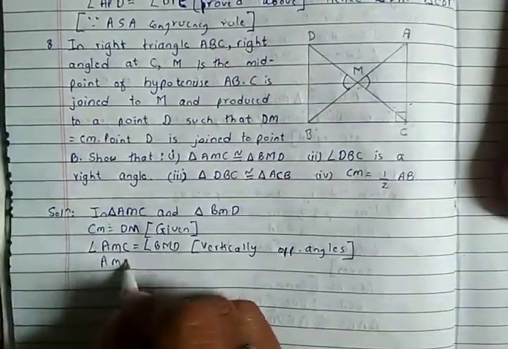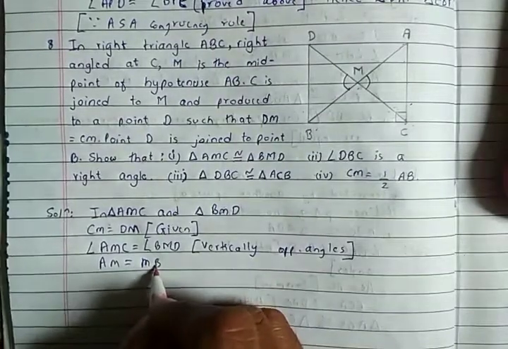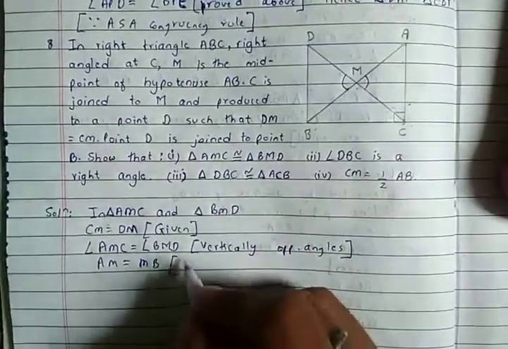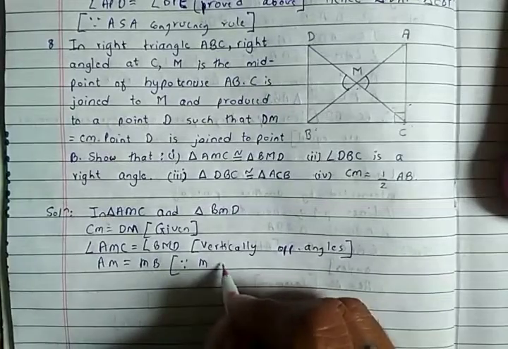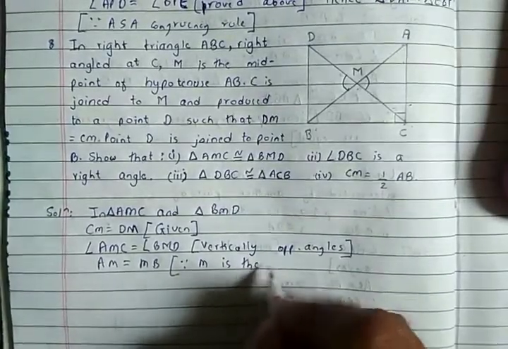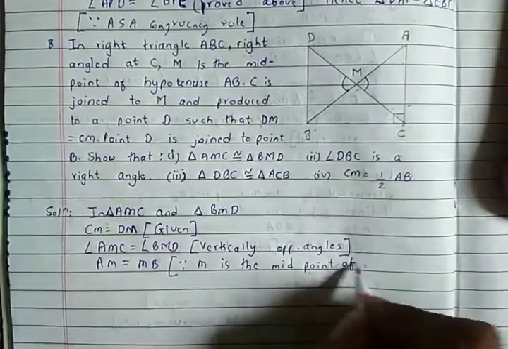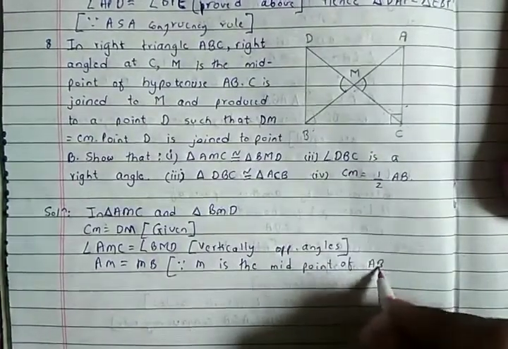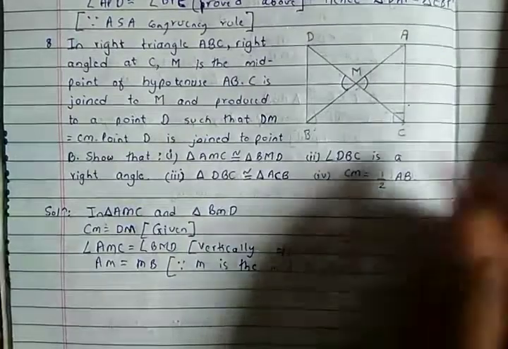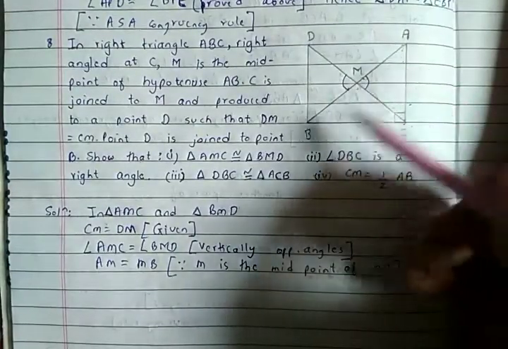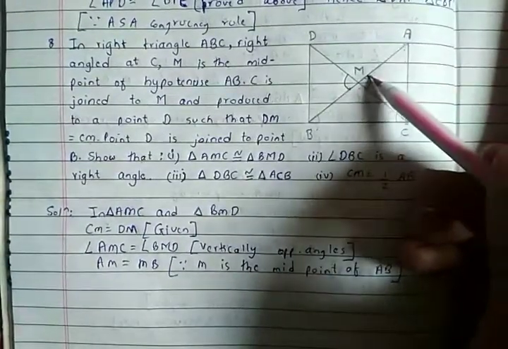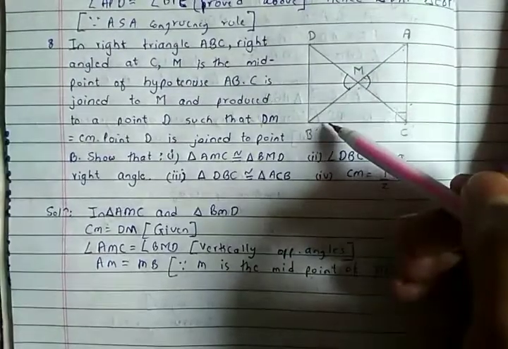Now AM equal to MB. How we can say that they both are equal? Because M is the midpoint of AB. Right? M is midpoint of AB. So you can say that AM is equal to MB. Right?